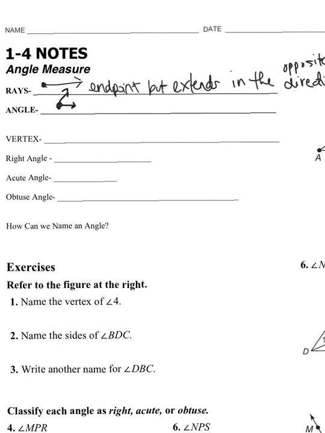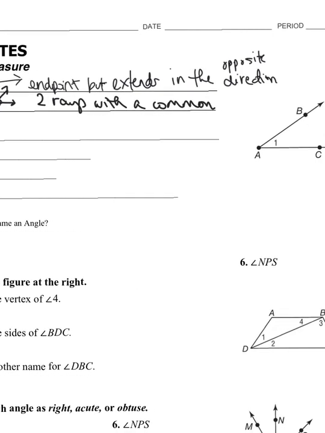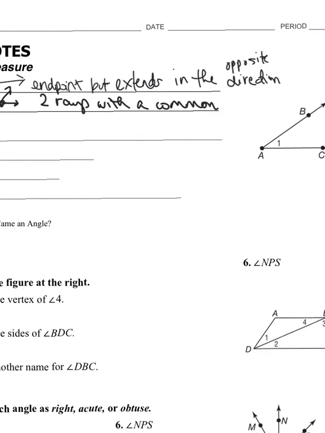They have a common endpoint. Two rays with a common endpoint. That picture right there is an example of an angle.